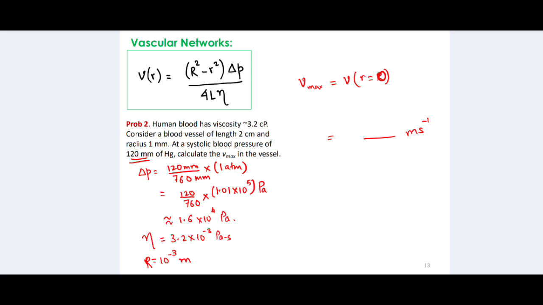So if you plug it all in, what is the Vmax? Figure it out in units of meter per second. I'll leave that as a prompt. Now you can put it in context.